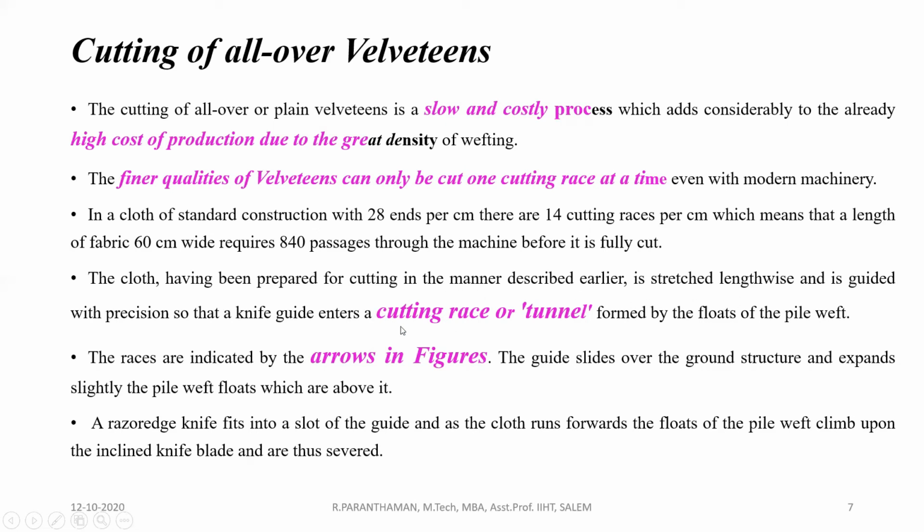The cutting knife is inserted in between the tunnel of floats in the fabric surface. The races are indicated by arrows in the figures. Already we have discussed arrows. Why we are marking the arrows in the design means it indicates the races where we have to put the knife.